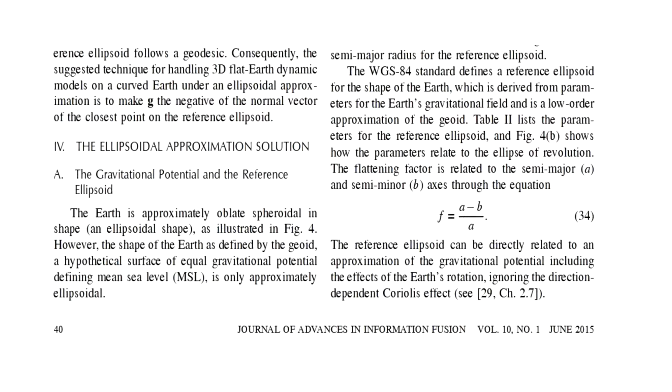The document then proceeds to show how convoluted such a process is due to Earth allegedly being not just a sphere but, quote, "oblate spheroidal, only approximately ellipsoidal," and then claims that the actual, quote, "shape of the Earth as defined by the geoid is a hypothetical surface of equal gravitational potential defining mean sea level."